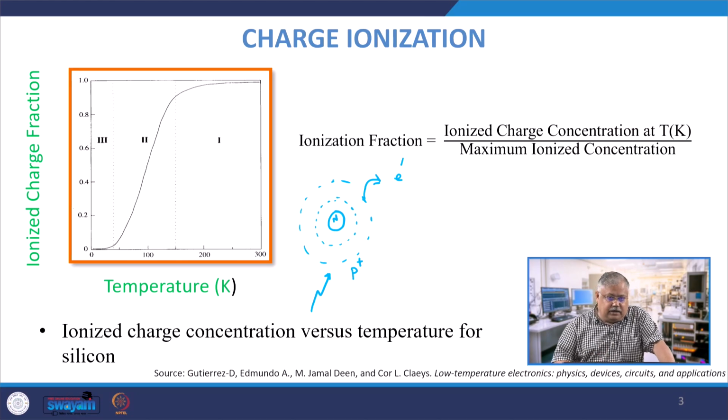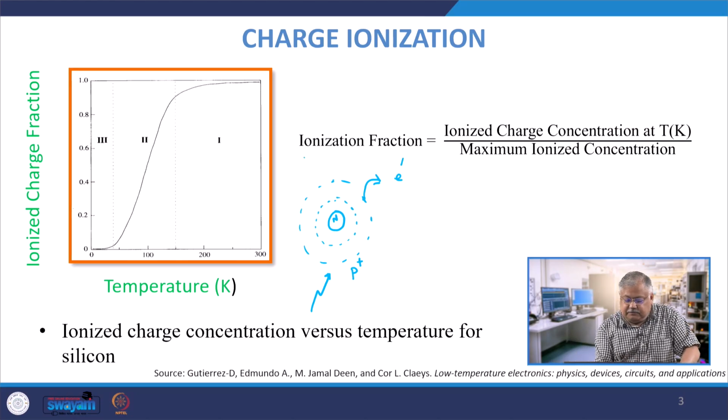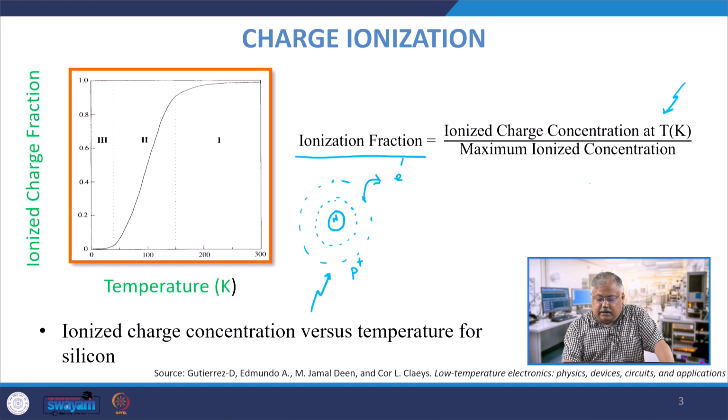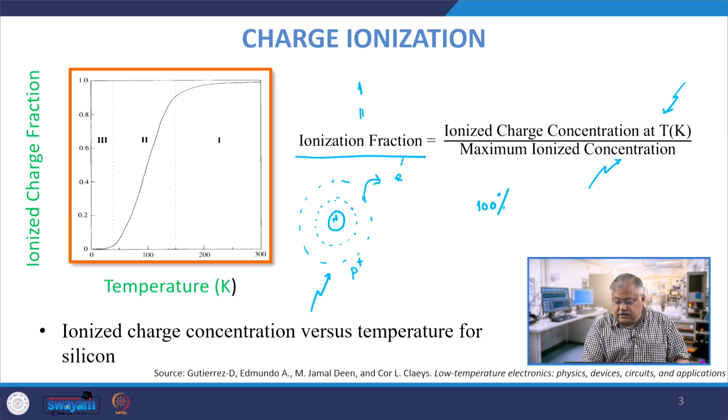We define a factor here, known as the ionization fraction, which is given by the ionized charge concentration at any point t divided by the maximum ionization concentration. Typically, if I say it is 100% ionized, it effectively means the ionization fraction is equal to 1.